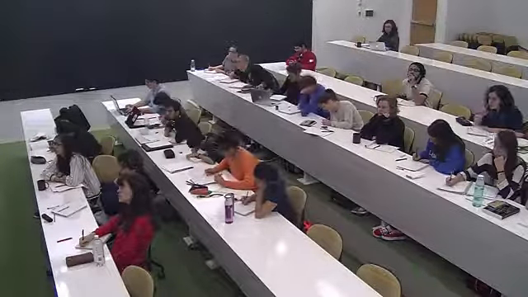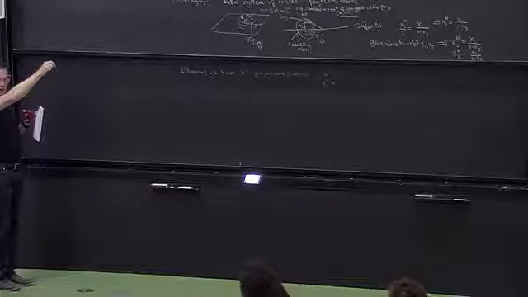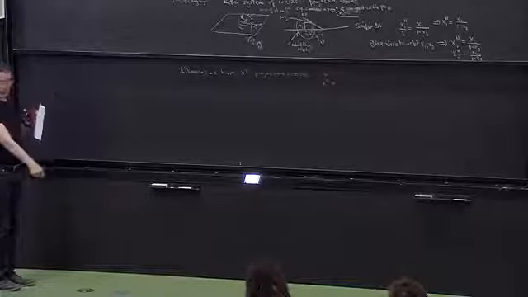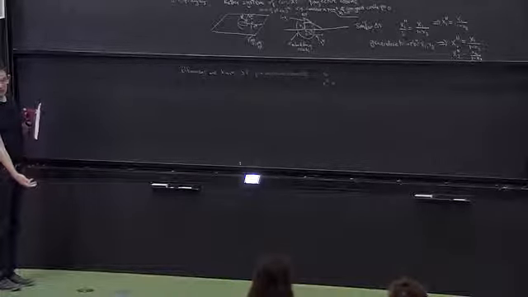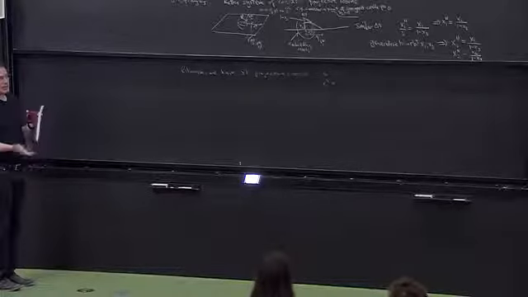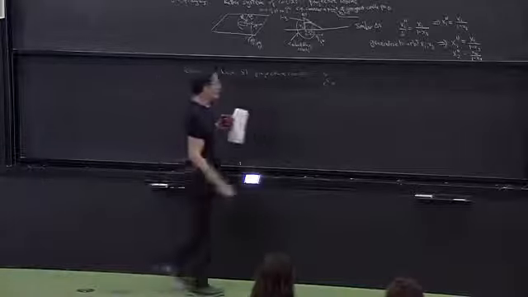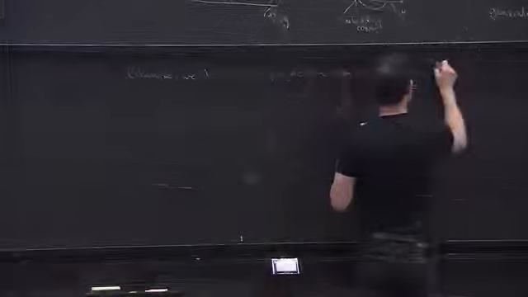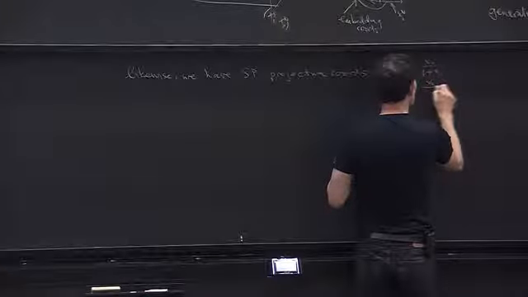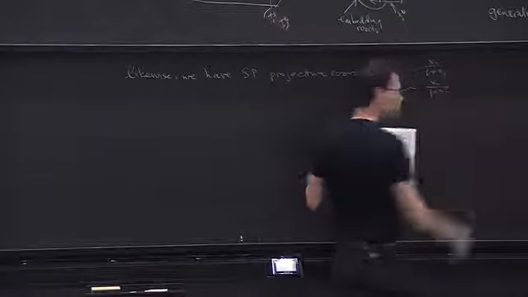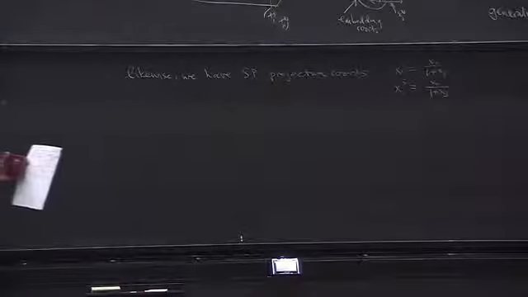Remember, the North Pole coordinates are singular at the North Pole, where x3 is 1. The South Pole coordinates are singular at the South Pole, where x3 is minus 1. Obviously, they're related by x3 goes to minus x3, right? Because it's just flipping the north to the south. So all you do is x1 over 1 plus x3, x2 over 1 plus x3. Okay, so those are the north and south pole projective coordinates.